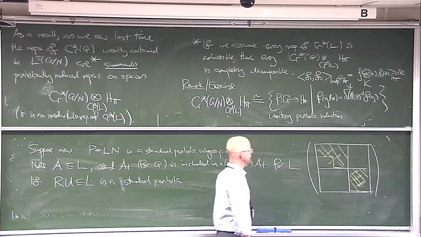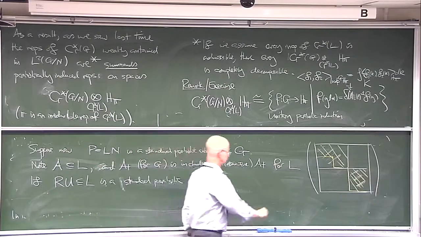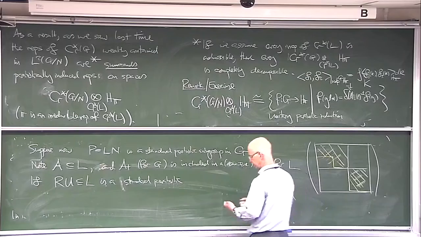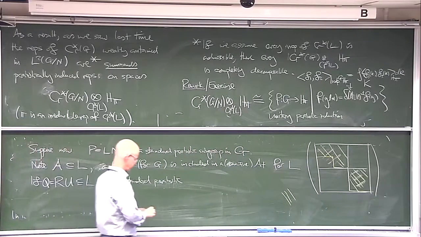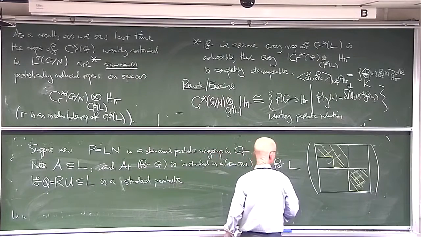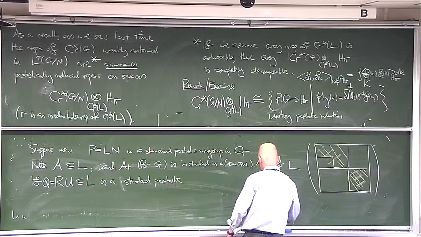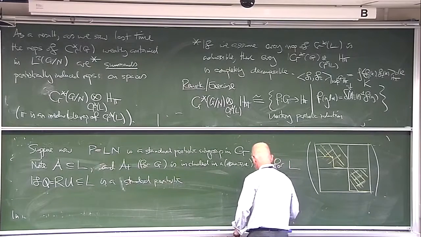So what I'm drawing in yellow is a parabolic subgroup of L. Let's give it a name, Q or something. On the other hand, what I was drawing before, maybe I'll say P.